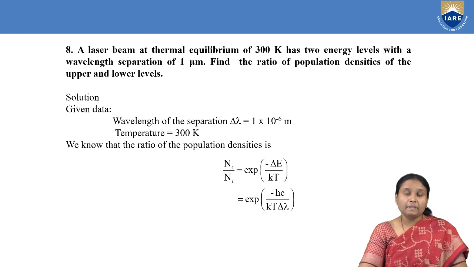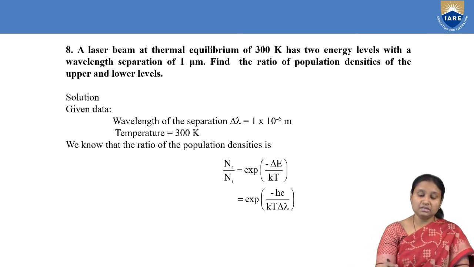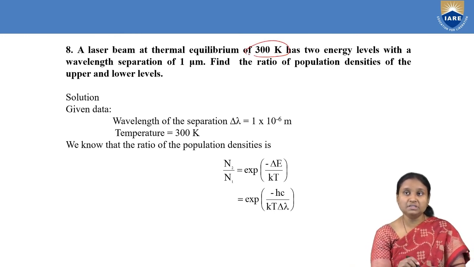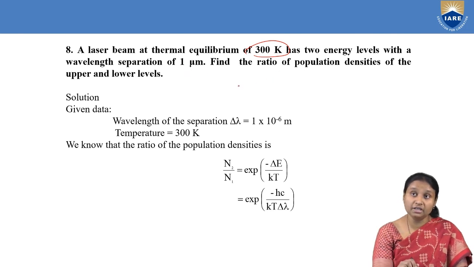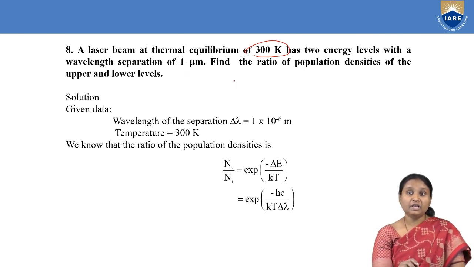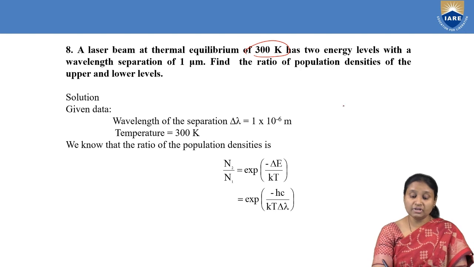Then coming to our last problem. Here we were given a laser which is at thermal equilibrium at a temperature of 300 kelvins, and it has two energy levels which are separated by a wavelength of 1 micrometer, and we need to find the ratio of their population densities. So we have to find N2 by N1. Just now we have calculated N2 by N1. N2 by N1 comes out to be exponential of minus of E2 minus E1 by KT.